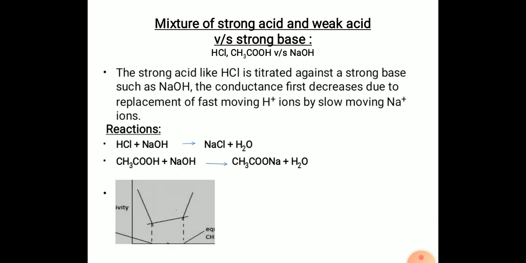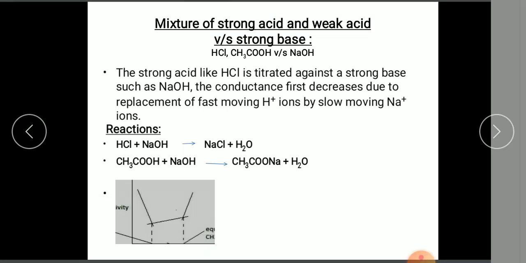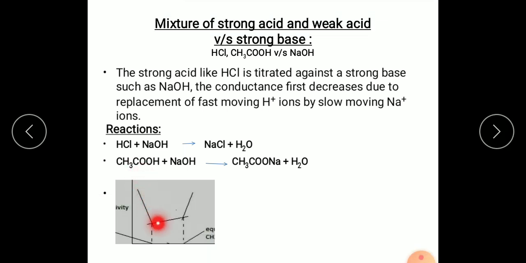As I said, initially the conductance decreases when HCl is reacting with the NaOH. Once all this HCl is neutralized, then NaOH starts reacting with the acetic acid, and formation of sodium acetate takes place.